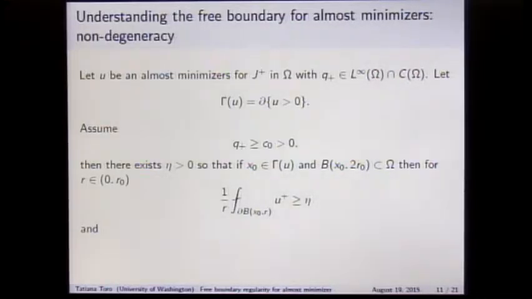This average is positive. And in particular, what it tells us is, and now I'm going to change my picture for my almost minimizer. So I don't have positive.